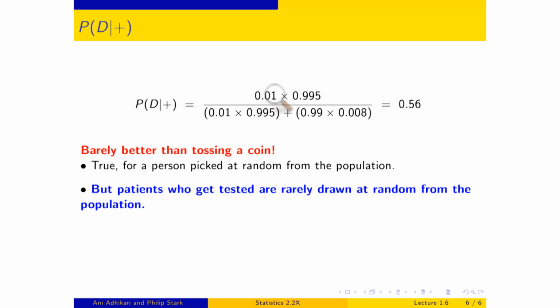And so this 1% was the 1% of the people who had the disease, and for a randomly picked person, it is fine to put a 0.01 here for the chance that that person has the disease. But for a person who walks into a doctor's office wanting to get tested, this number first becomes subjective and higher.